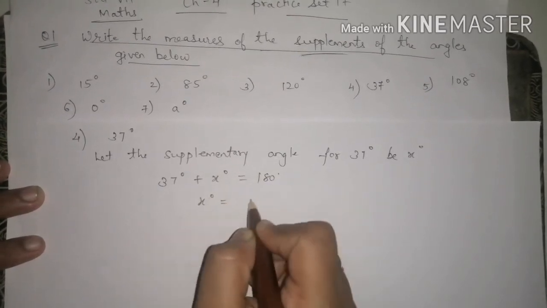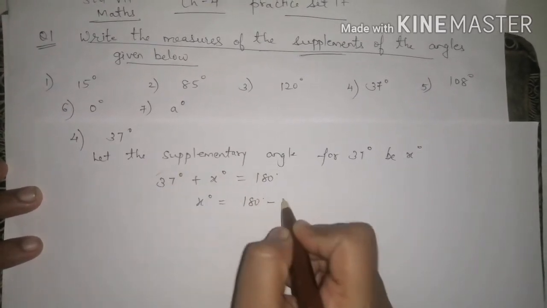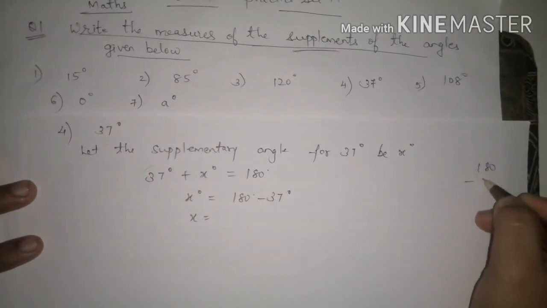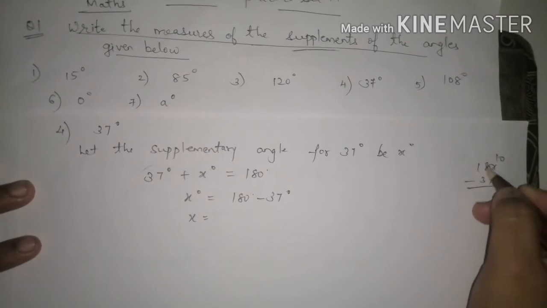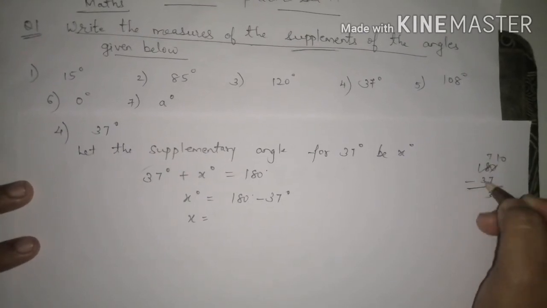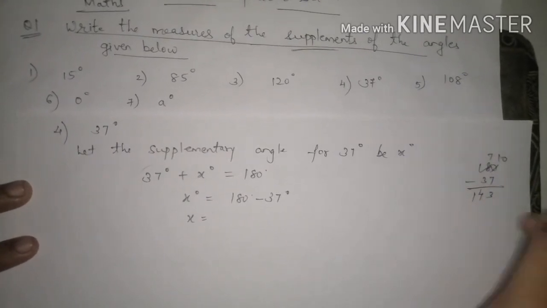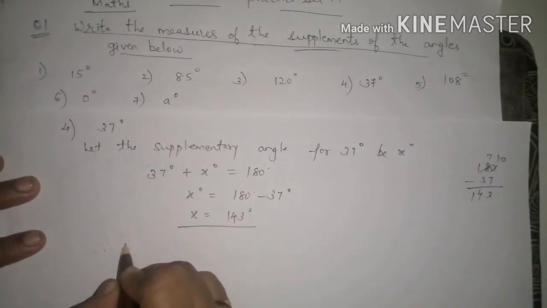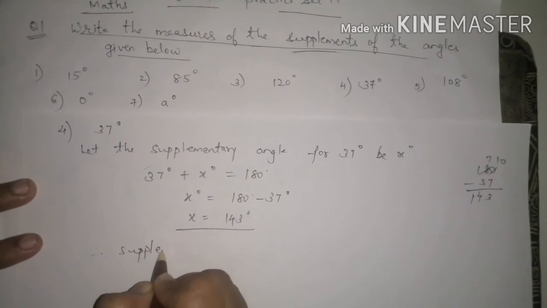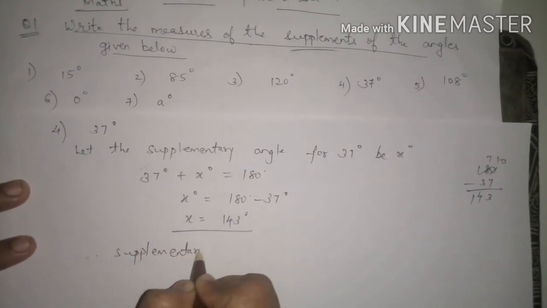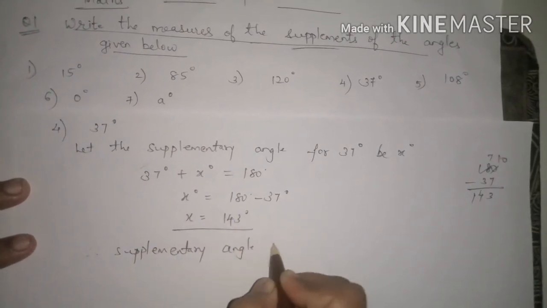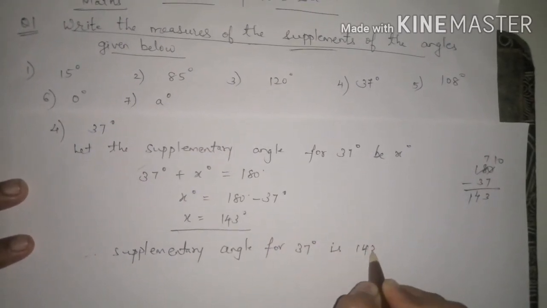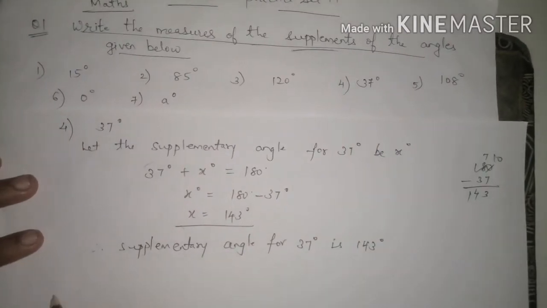So x degrees is equal to 180 degrees minus 37 degrees. So you will get the supplementary angle. 10 minus 7 is 3, 7 minus 3 is 4, here 1, so 143 degrees. So therefore the supplementary angle for 37 degrees is 143 degrees.